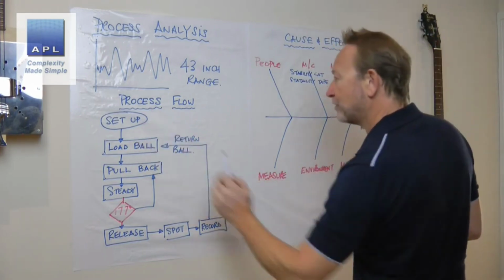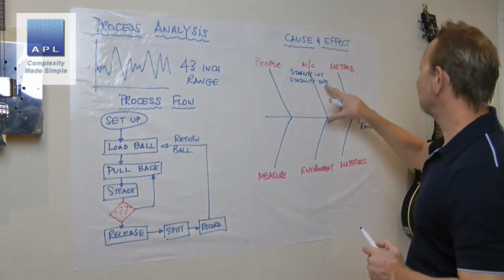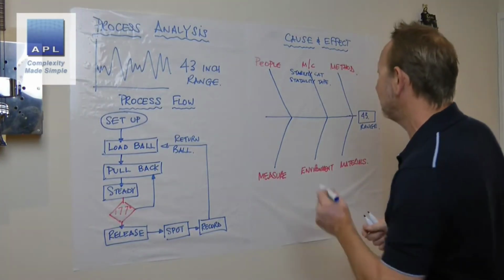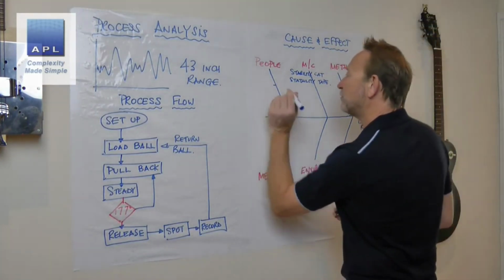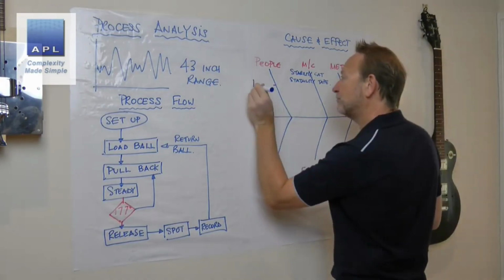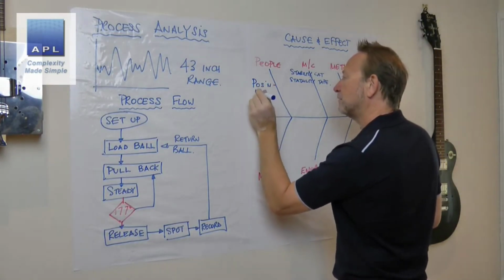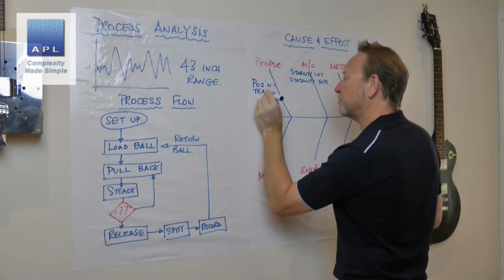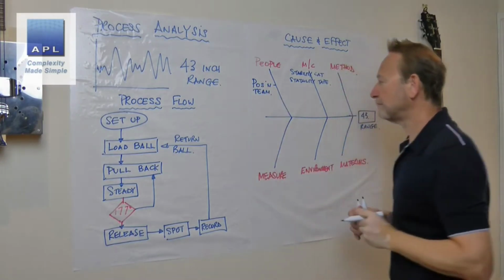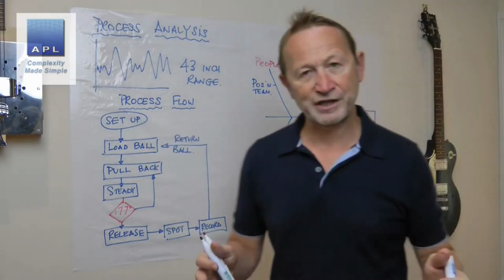So I've gone to the setup, stability of the catapult, stability of the tape. I'm going to say, normally there'd be a team of people doing this. Position of the team. Okay, so again, we decide that at the beginning.